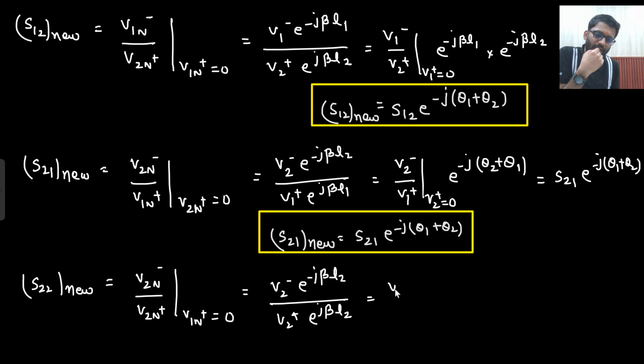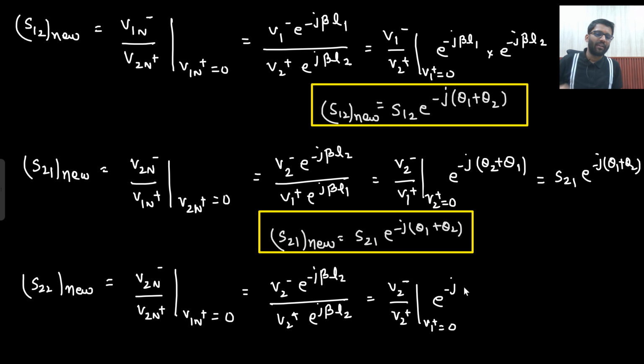And when I see V2 minus divided by V2 plus, if V1n plus is equal to 0, that means V1 plus is also equal to 0 e to the power minus J beta (L1 plus L2), sorry, L2 is there.